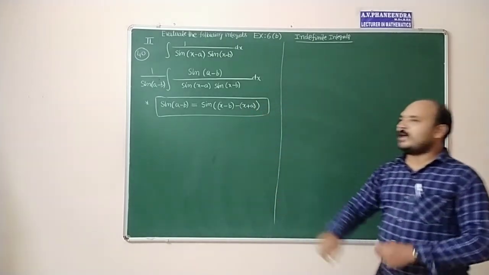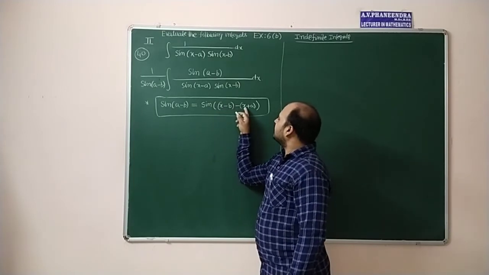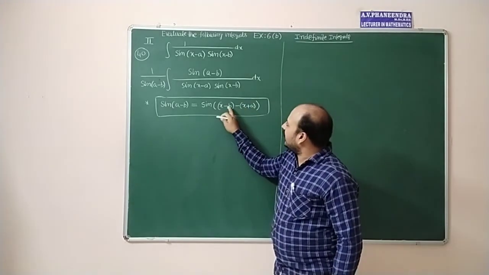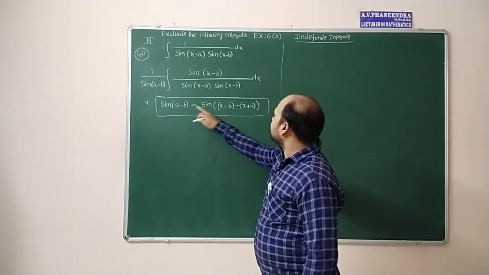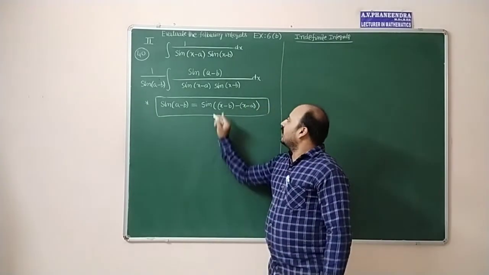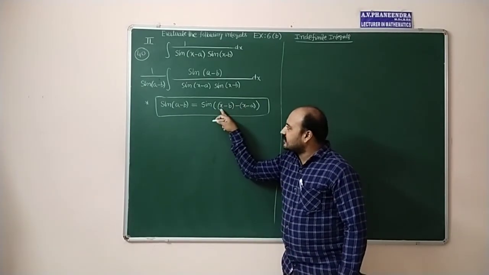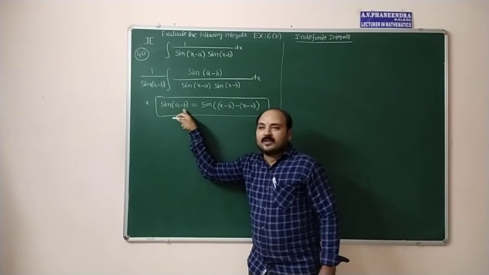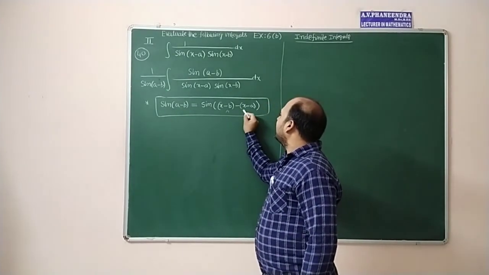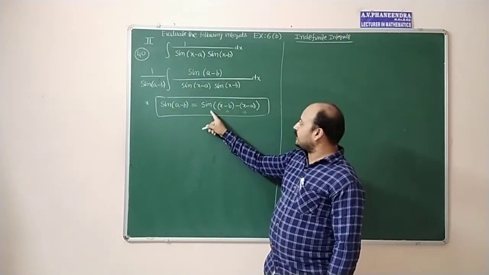If you simplify the bracket value, is it a minus b? x minus b minus x minus a: x and x cancel, plus a minus b, plus a minus b only. No? So now it is in the form of sin of a minus b. This numerator, sin of a minus b, we can express in this way.